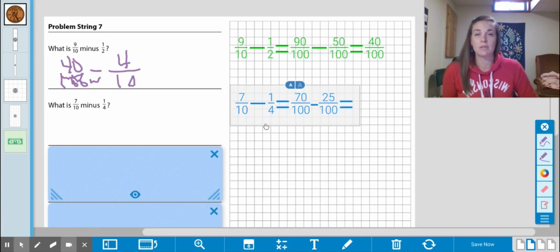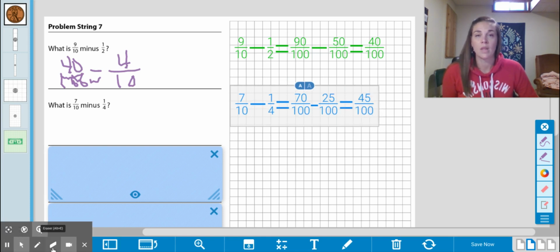So how could you go about solving this problem? Again, that first step is finding that common denominator, and how much is that out of 100, out of my dollar? 70 hundredths minus 25 hundredths will get me my answer. When I subtracted 70 minus 25, I got 45. So my final answer was 45 hundredths. I also see that 45 could be made using nickels.